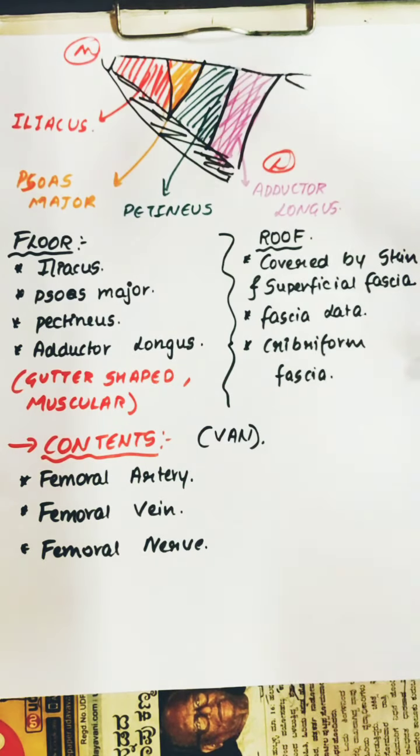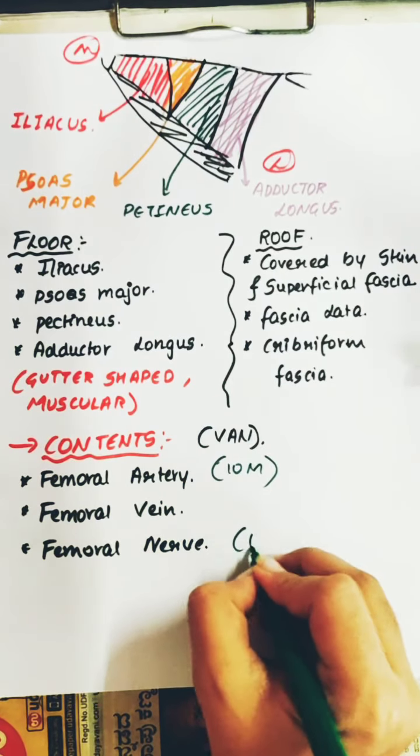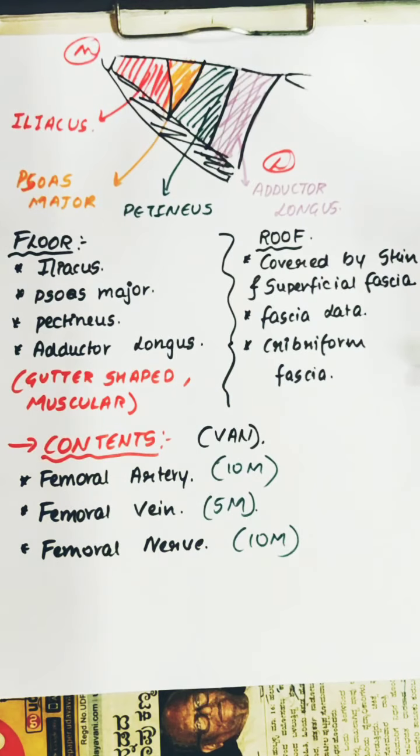All these three topics are very, very important. Femoral artery and nerve are asked for 10 marks, and the vein is usually asked for 5 marks. So these are the contents.